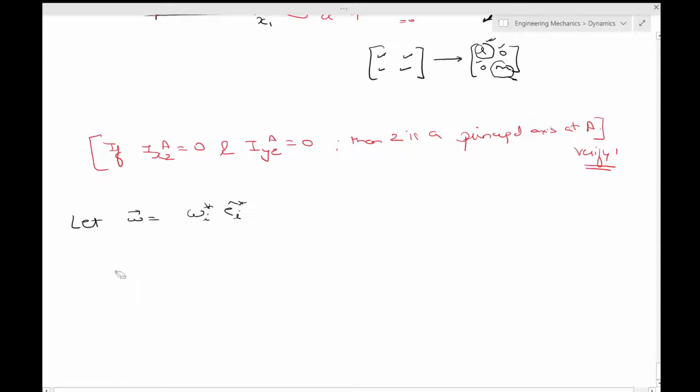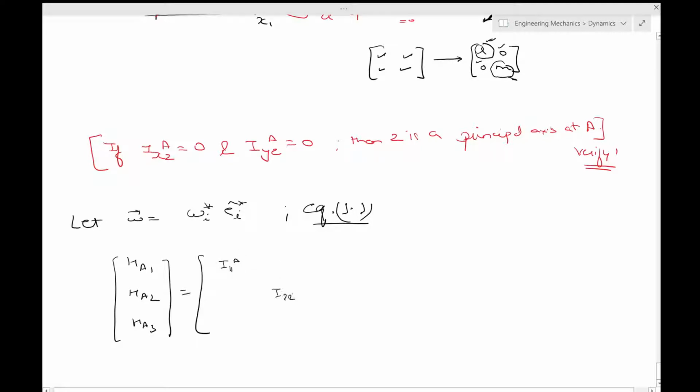So what I'll do is I'll just write equation 3.3 with H_A1, H_A2, H_A3, and I_11A, I_22A, I_33A.